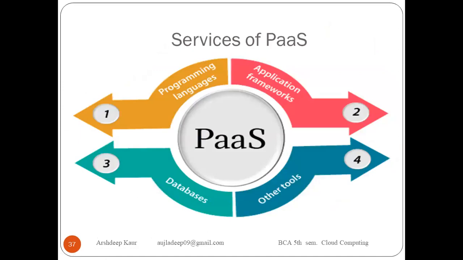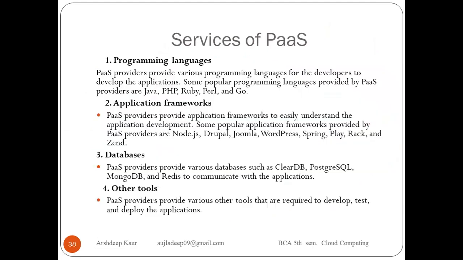Some of the services: programming languages, application frameworks, databases, and other tools. It provides different programming languages for designing your application, like Java, PHP, Ruby, Perl, and Go. It provides different application platforms or frameworks like Node.js, Drupal, Joomla, WordPress, Spring, Play, Rack, and Gent.